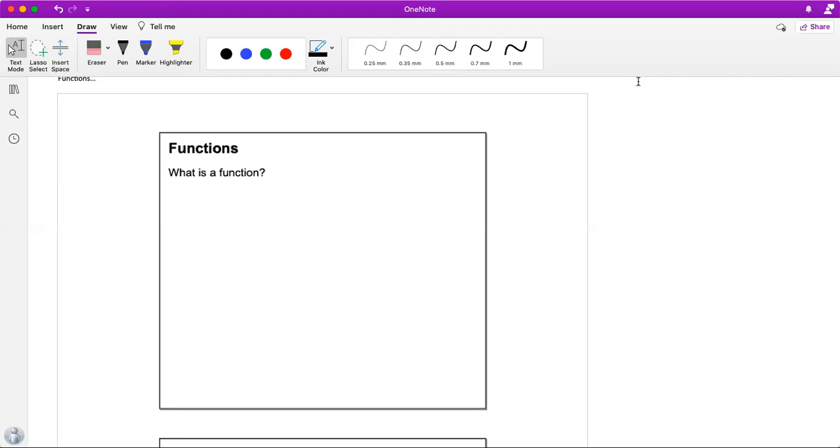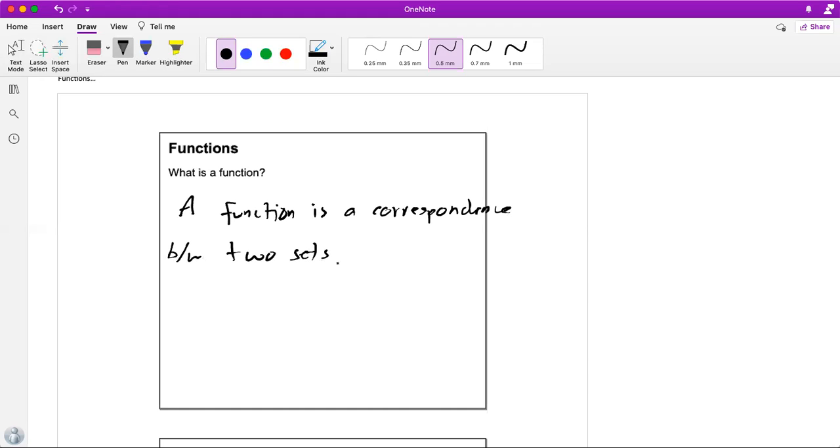So they're actually not that complicated in concept, but they can be more complicated. We can make them more complicated. But basically, a function is a correspondence between two sets.